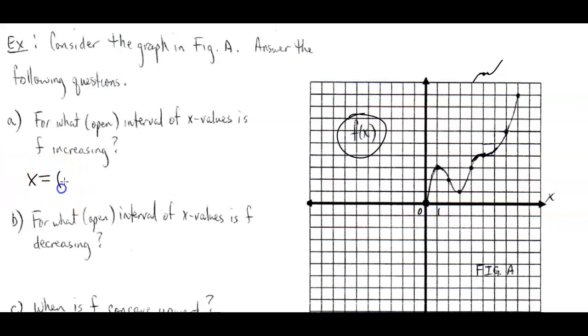Now, remember from pre-cal or college algebra that anytime we say a function is increasing, decreasing, or constant, we do it with an open interval of x values. That always is the case, and we do that because of the definition of increasing, decreasing, and constant. So we look here and we see from 1 to 2, our function's decreasing. From 2 to 3, our function's decreasing as well.